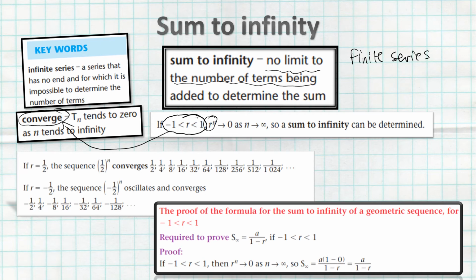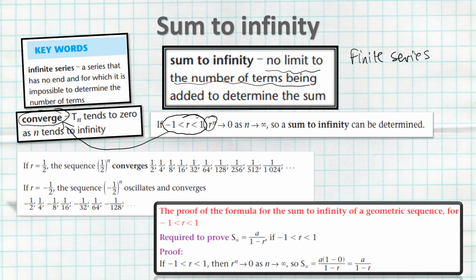Why? Because those terms will be moving very close to 0. They'll become very small, so even if you are adding them, they won't have much impact on the sum. So it's easier now to determine the sum to infinity, right?